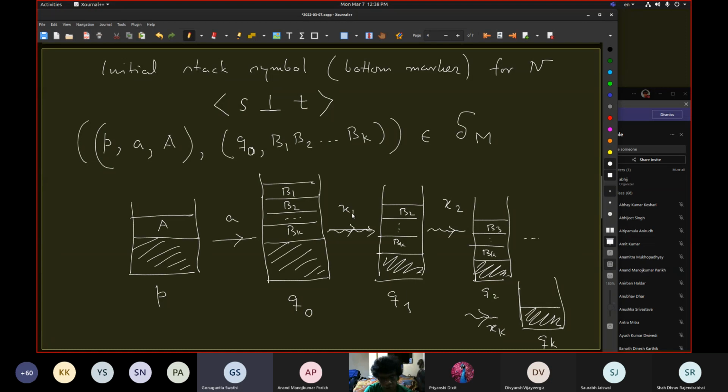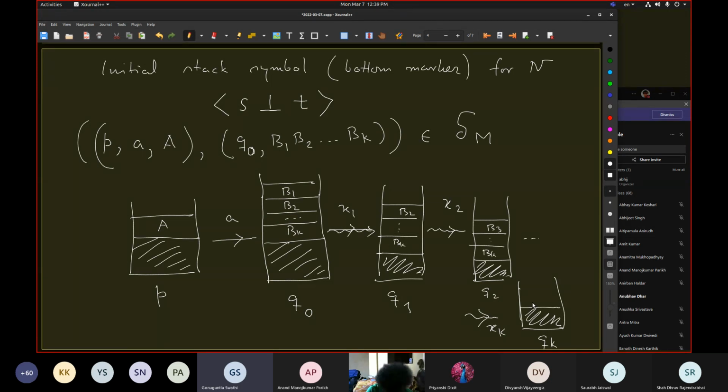So eventually B1, B2, up to Bk are one by one popped from the stack, leaving whatever is below each of the symbols unaffected. This is bound to happen. Yes or no?